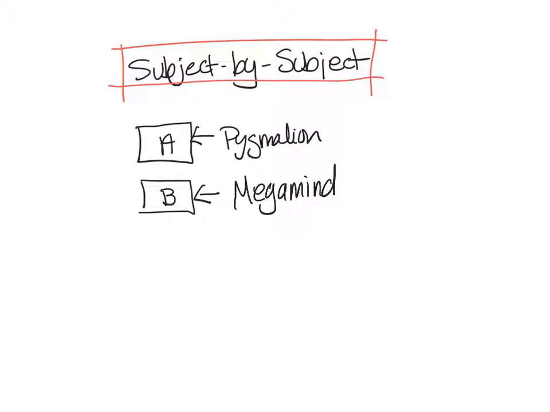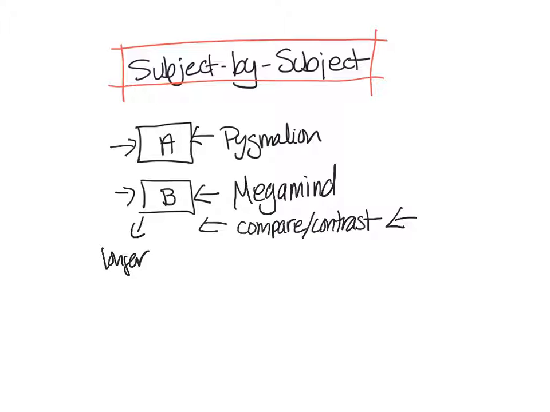And so body paragraph 1 would be about Pygmalion. Body paragraph 2 is about Megamind. And also in this paragraph is where you'll do the compare and contrast, depending on what you're talking about. So it may be all comparison, it might be all contrast. And so you'll talk a little bit about Megamind, and then you'll move into the end of the paragraph. So very often B is a longer paragraph because it has the comparison.